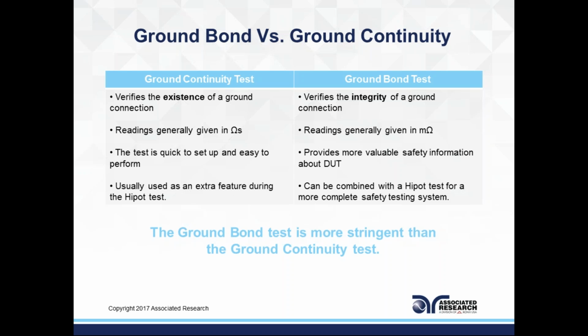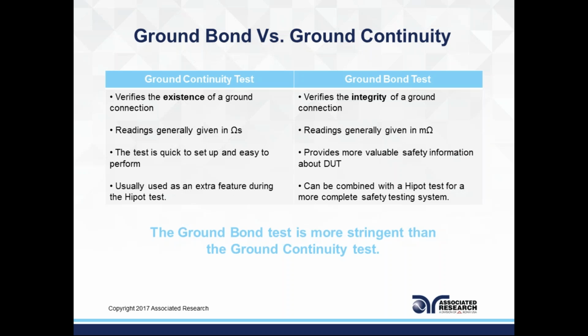Now, when we go over to ground bond testing, now we're upping the amperage here. So we're stressing the ground circuit, or checking the integrity of the ground circuit to make sure it could handle the 15, 20, 25 amps, up to 60 amps of current. So a ground bond circuit needs to be capable of handling up to 60 amps of current.